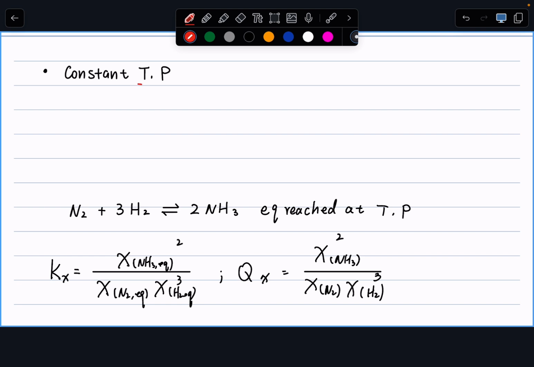Again, what do we have? For constant temperature, we know that Kp naught is not changing. And for constant pressure, we have the partial pressure of species i equals the mole fraction times the total pressure.